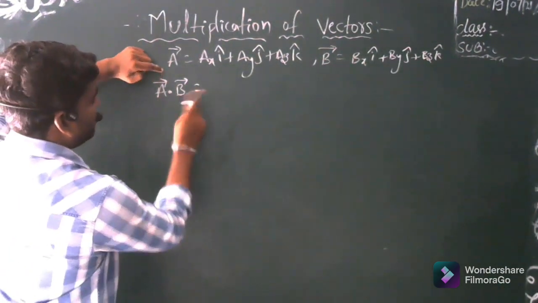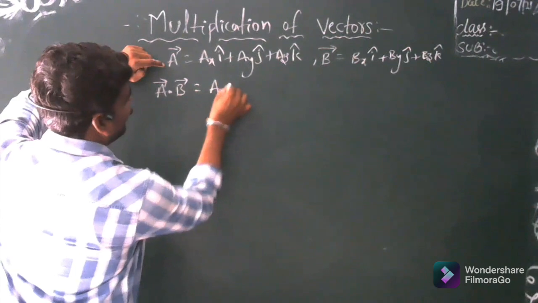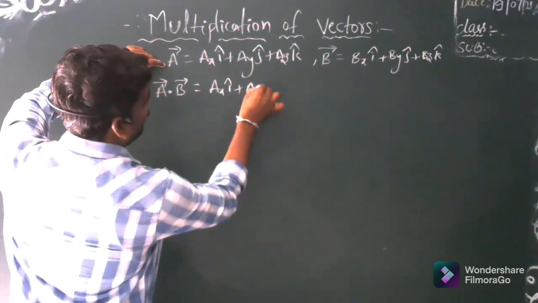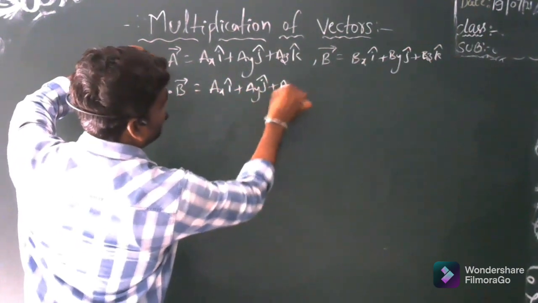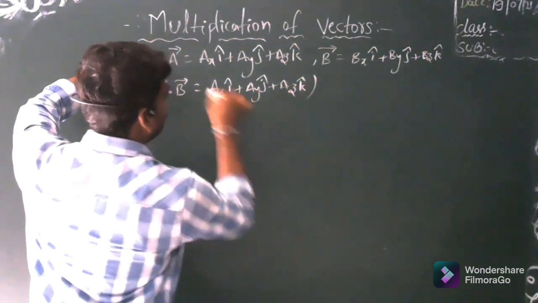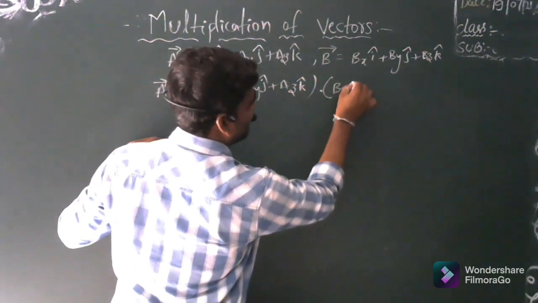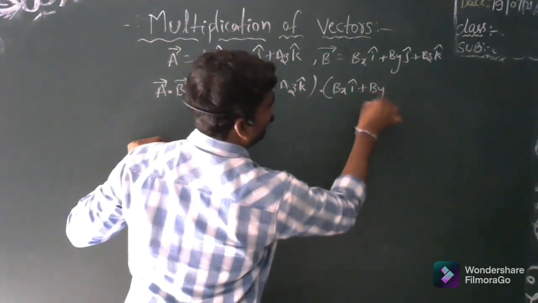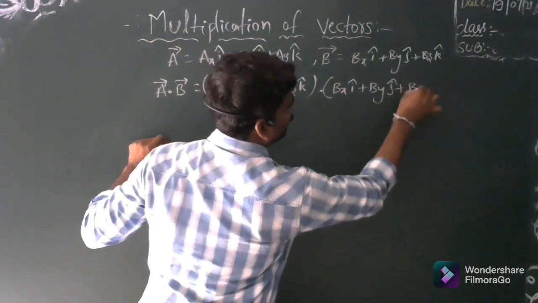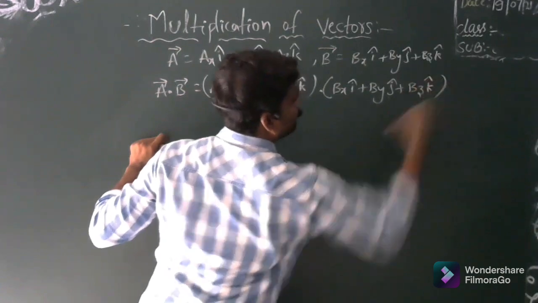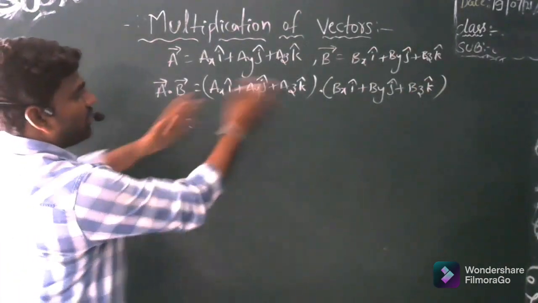So vector A dot vector B, that is Ax i cap plus Ay j cap plus Az k cap, dot product of the B vector, that is Bx i cap plus By j cap plus Bz k cap. Now multiply this.